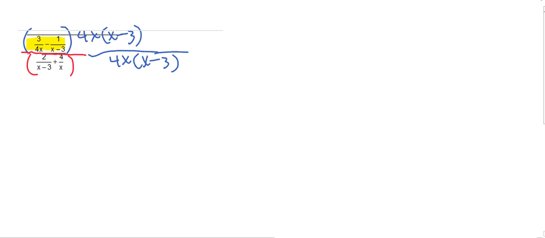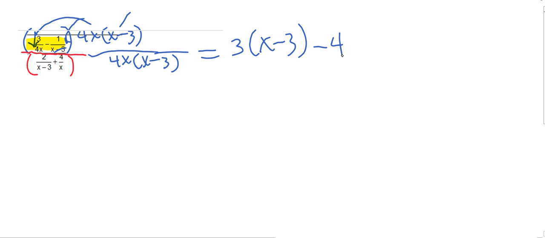When we distribute to the first term inside of here, the 4x is going to cancel with the 4x, right? So the only thing left is the 3 times the x minus 3. Then when we distribute to the second term, notice that x minus 3 is going to cancel out with this x minus 3. And so all you have left is a minus 1 times 4x, so it's just minus 4x.